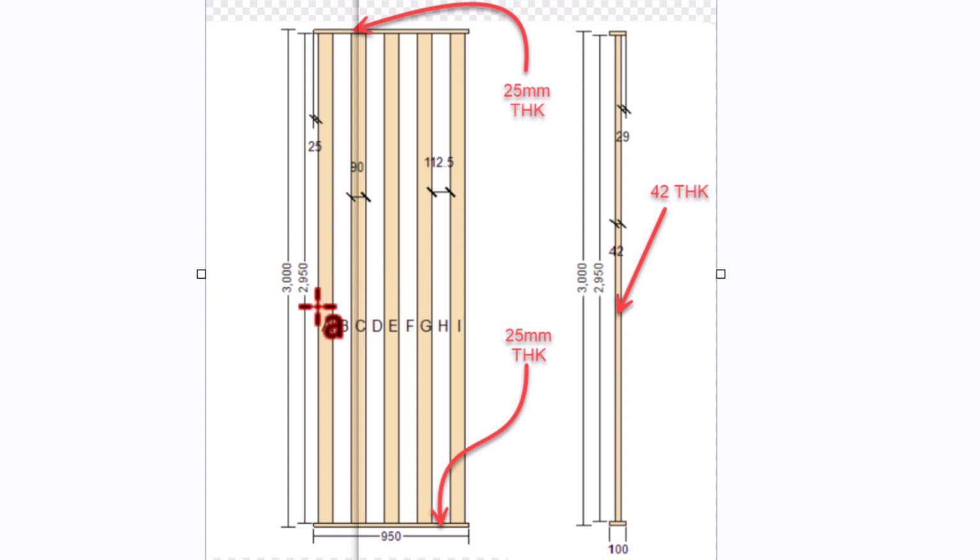The width of these panels is 90 millimeter, and the gap is 112.5 millimeters. So according to this, you have to add your materials.